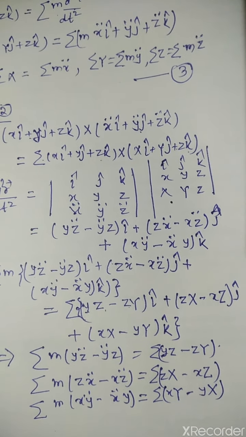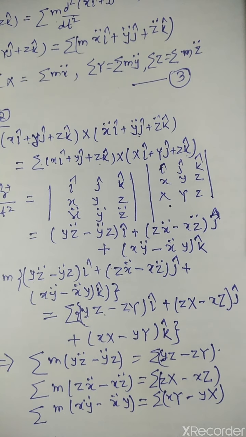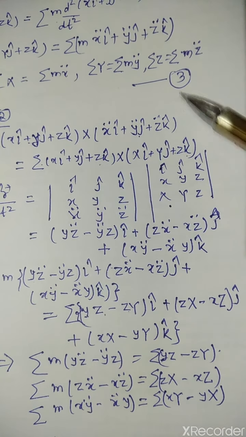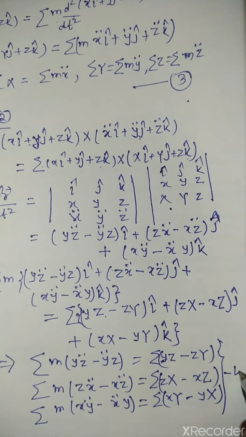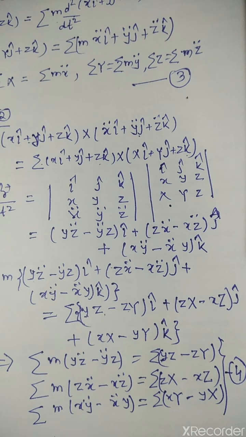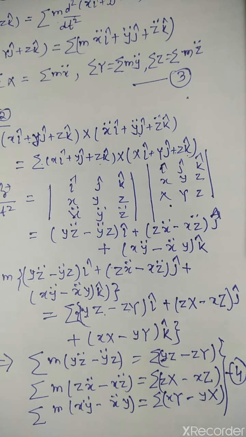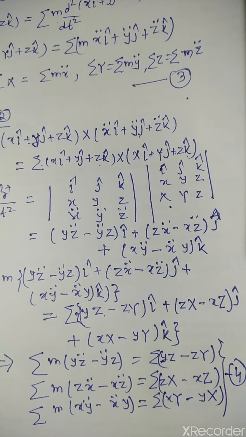So the equations we get here are equation 3, and then this whole equation we put as equation number 4. These two equations are both the equations of motion of the rigid body in Cartesian form.